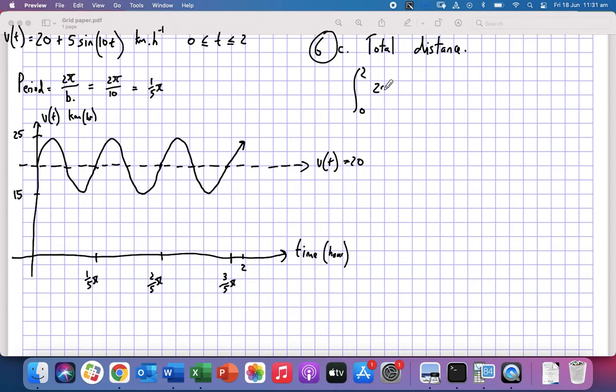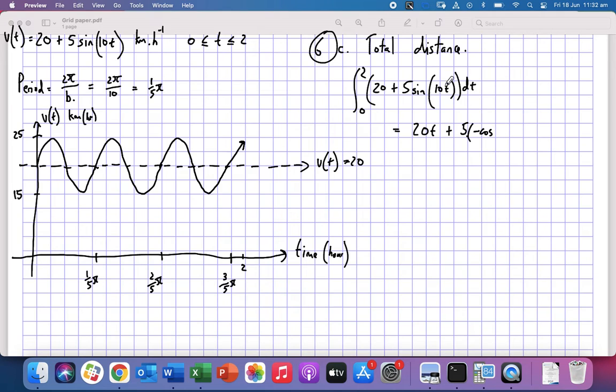The velocity function was 20 plus 5 sine 10t. We're integrating the whole function. So that will equal 20t. Keep your constant, 5. Now, the derivative of cos is minus sine. So the integral of sine is minus cos. So you're going to be timesing by minus cos.